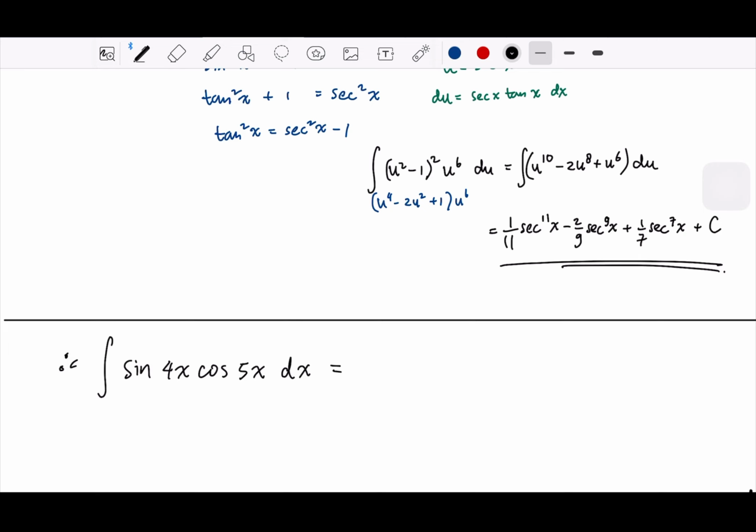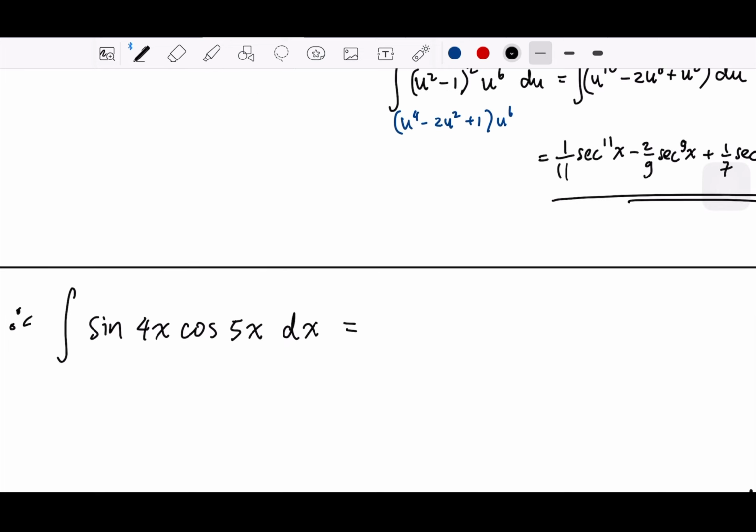To solve this, we are going to rewrite sine 4x and cosine 5x as half of sine of minus x plus sine 9x dx. I think you can solve this, right? So a product like sine cosine, or sine sine, or cosine cosine can also be solved the same way using this identity.